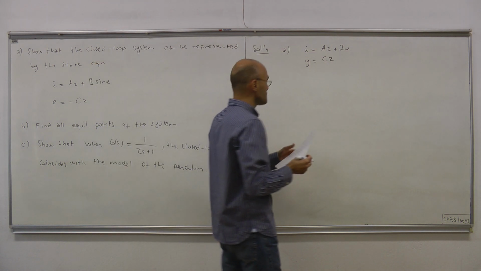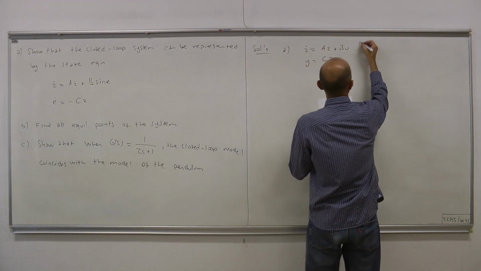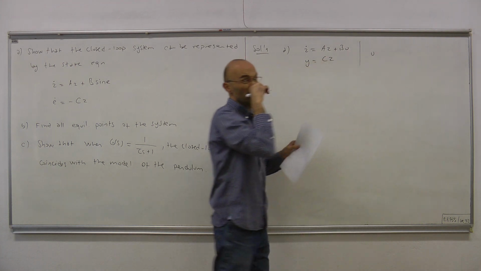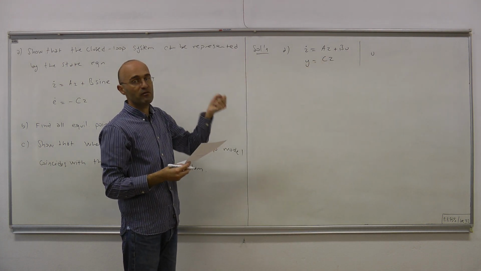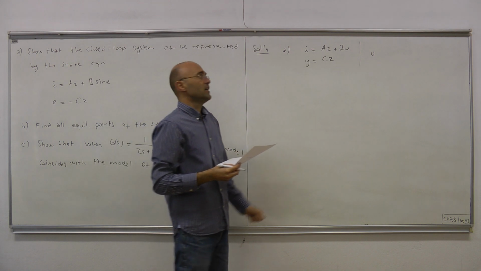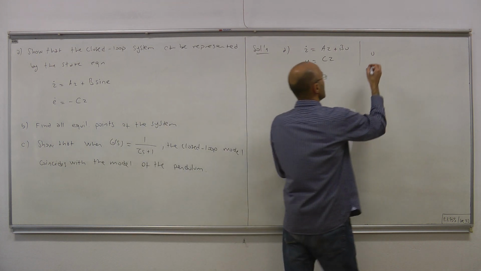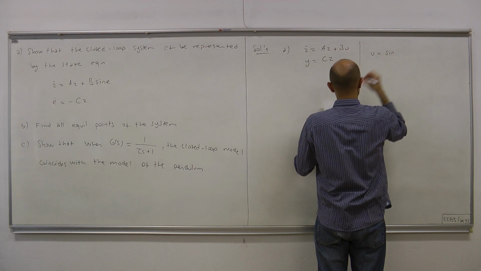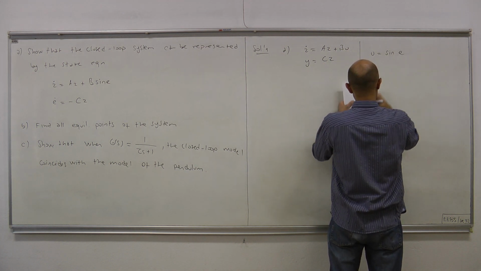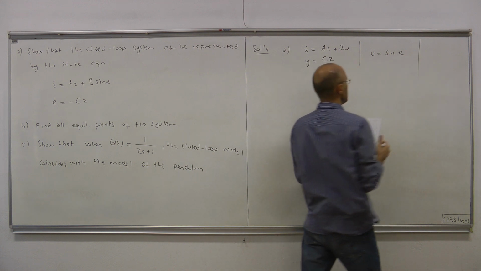Anyway, so that's the G(s) part. Then what we have is input to that block is coming from the error. It's not directly the error, but error passed through the sine function. Therefore, u equals sine of e. Okay. And what else?